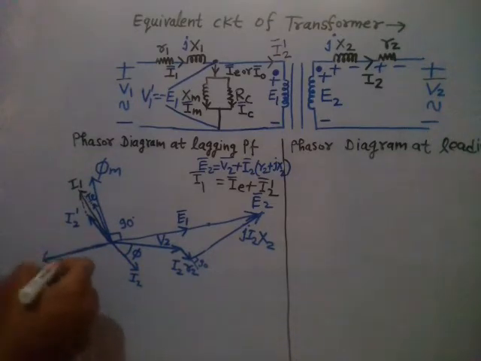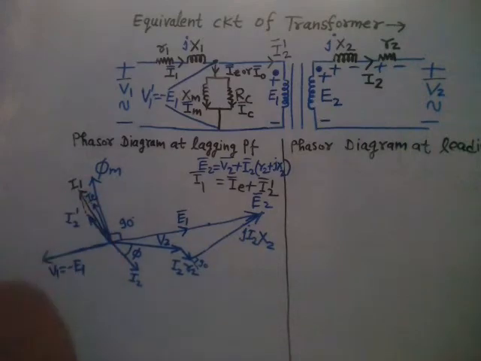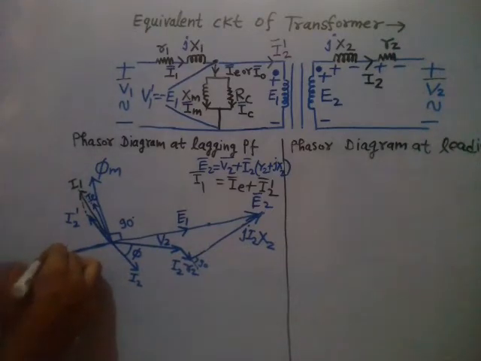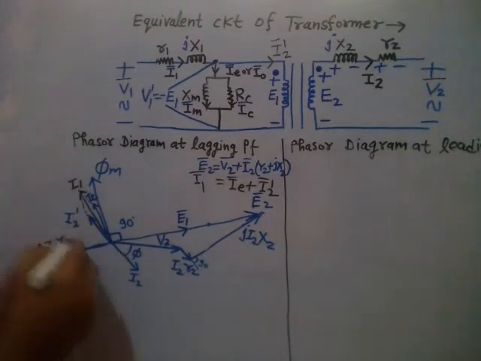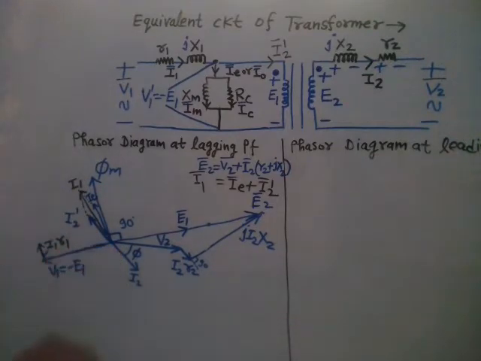So in phase with I1, draw I1 R1. This is I1, this phase and this phase, both are the same because it is the resistive drop. So I1 and I1 R1 both will be in the same phase, right?